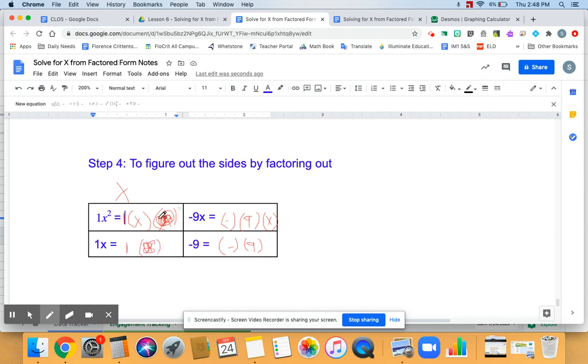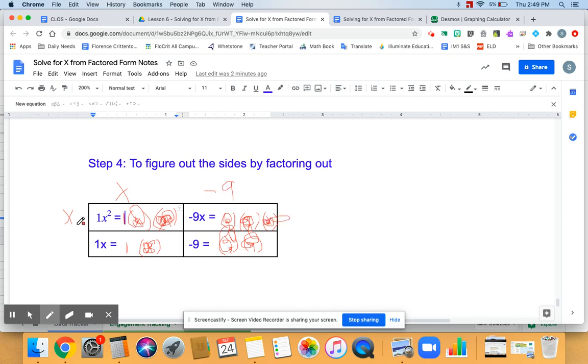it's like they're gone. Going up and down here, what's in both of them? Well, they both have a negative that I could take out. They both have a 9 I can take out. However, they don't both have a letter. So then now, going side to side, if this one's the x, this one has to be the other x right here. And it's this x right here too.